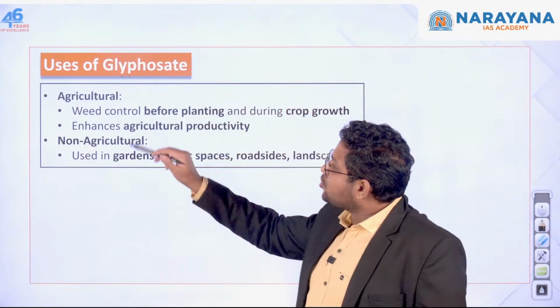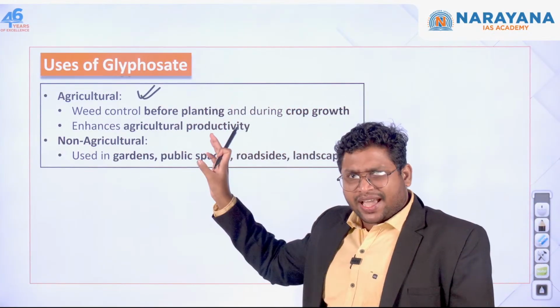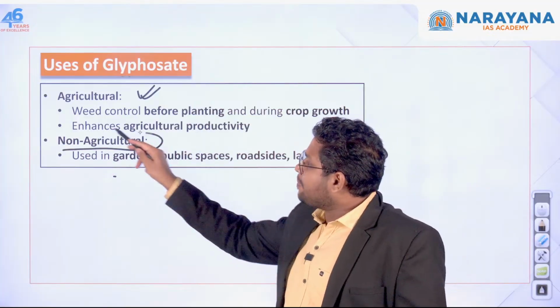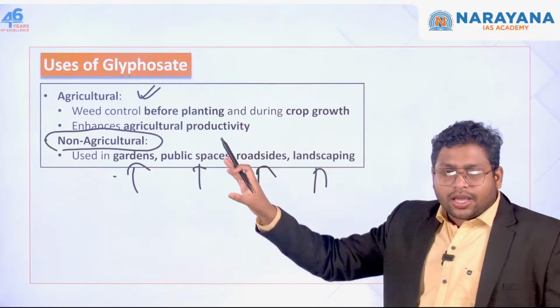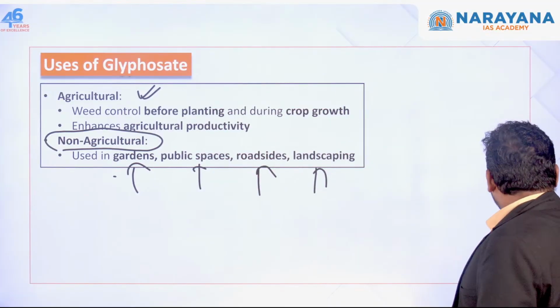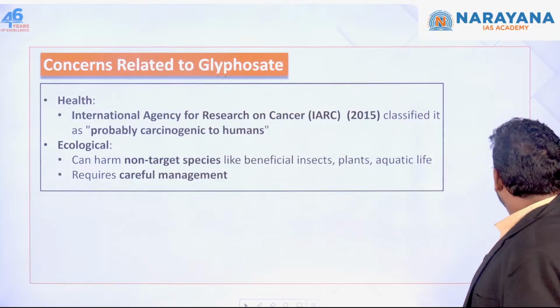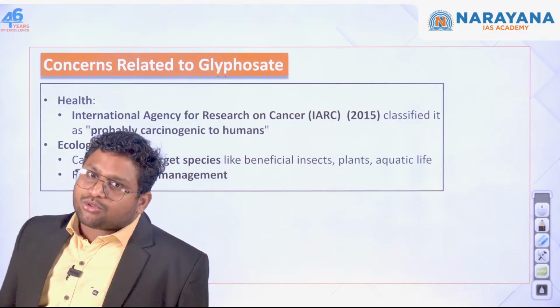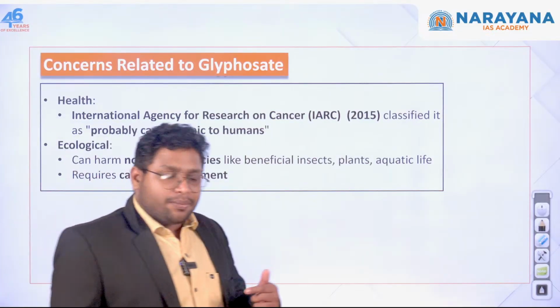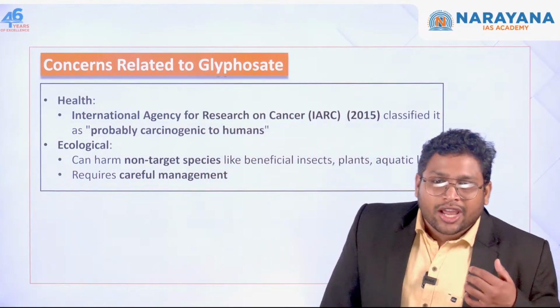Where is it used? Mostly it is used in agriculture, but in non-agricultural areas also, like in gardens, public spaces, roadsides, landscapes, we make use of glyphosate. Now what's the issue? If it is killing plants, that is also fine. The problem comes up when it affects your health.